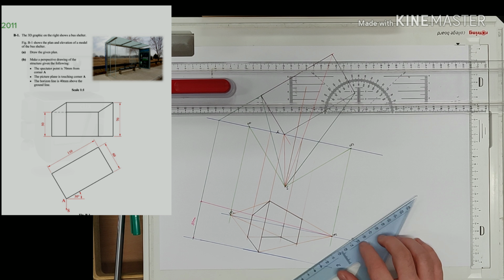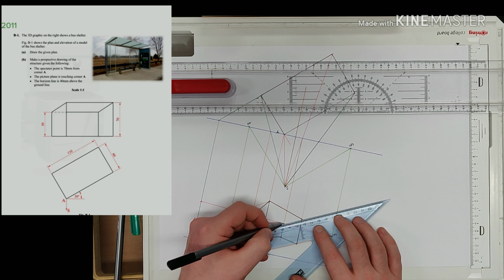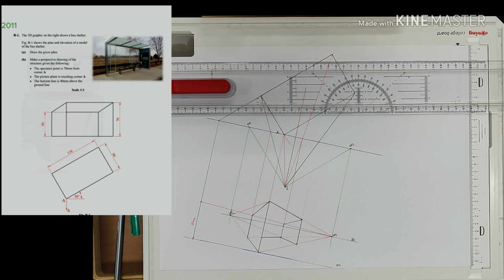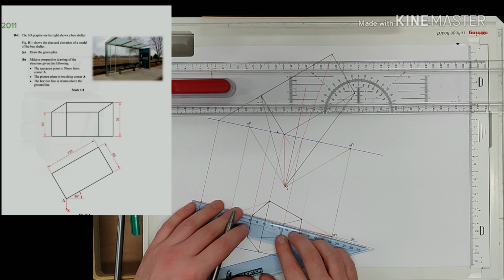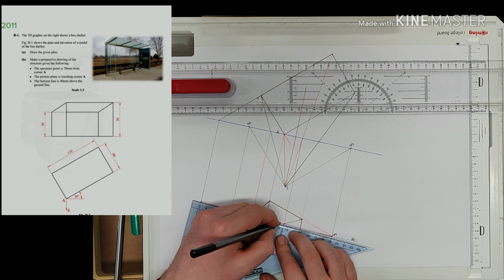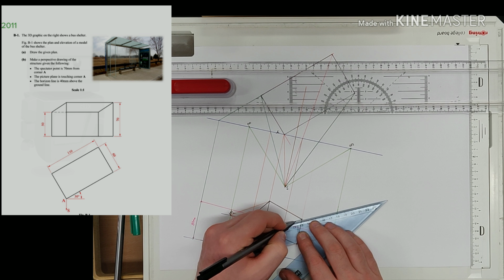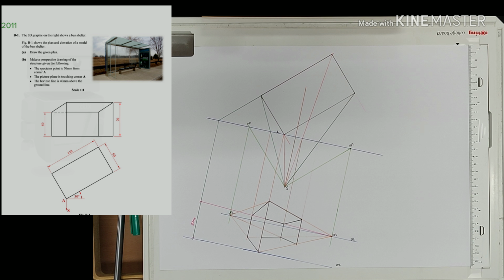It also gave us that angle there, and it also gives us this angle to join back here. And that is our bus stop. One more line left. Fully complete. So this was an ordinary level question that came up in 2011.